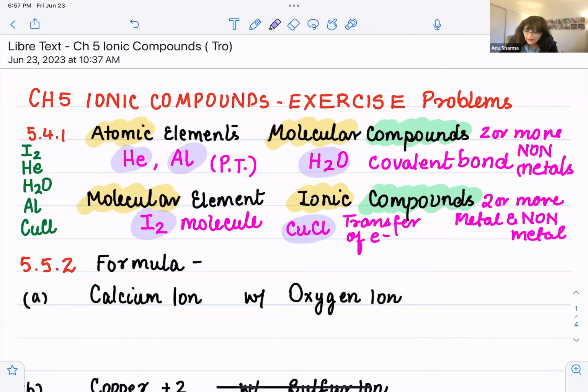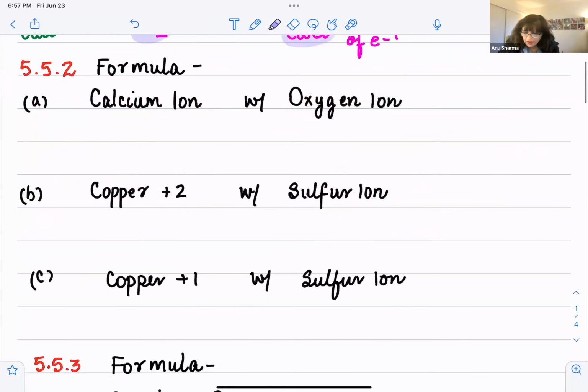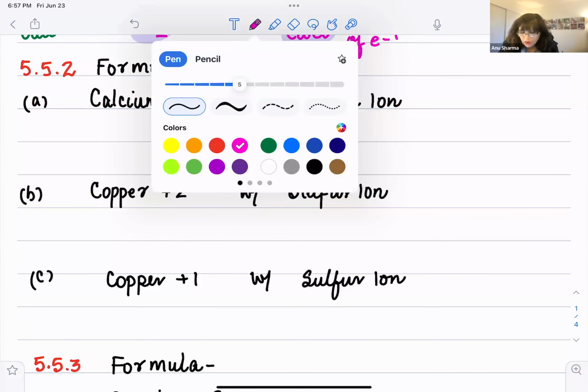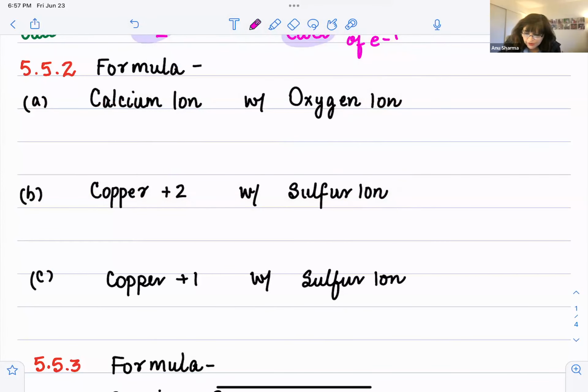Let's just put this here: copper chloride. Next is, what is the formula of the calcium ion when it combines with the oxygen ion? So here's the rule. You are going to look at the group number in order to write the formula. Look at the group number, look at the valence electrons, and those determine the charges.